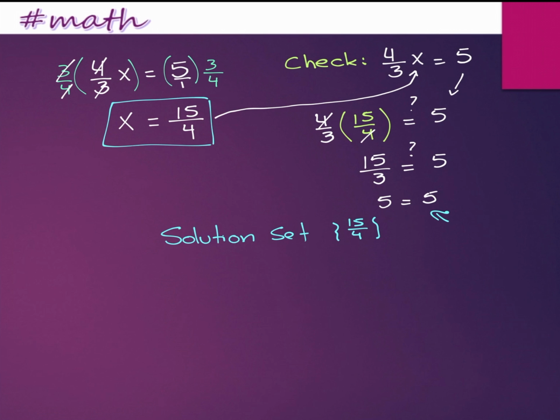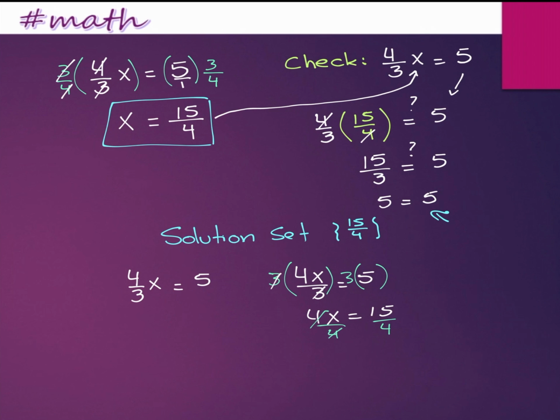Another thing to notice is that our equation was written like 4/3x equals 5. If your equation is written like 4x/3 equal to 5, you might be tempted to multiply by 3 both sides. You would get 4x equals 15, and then divide by 4 on both sides.